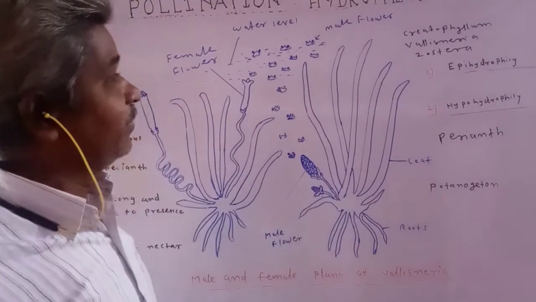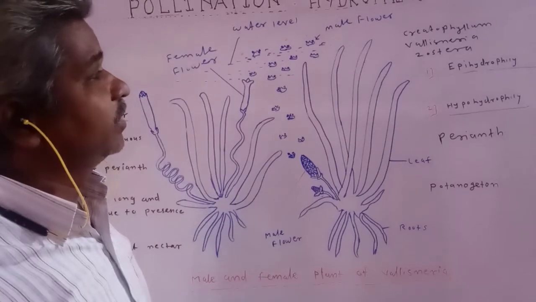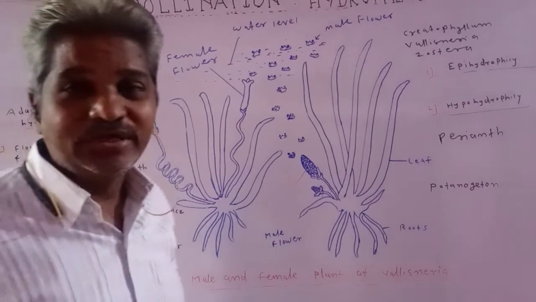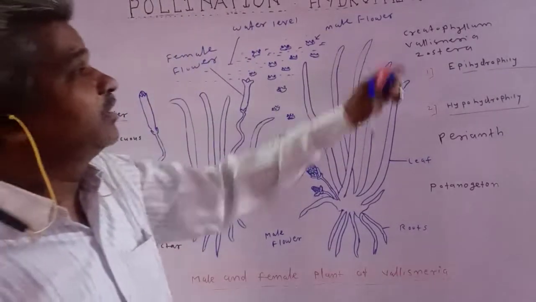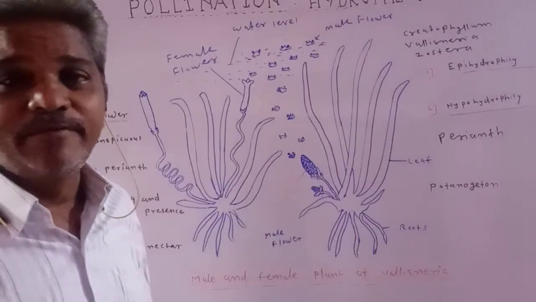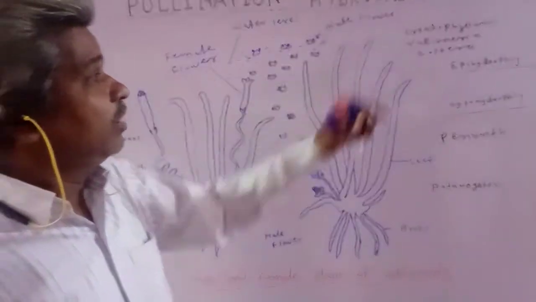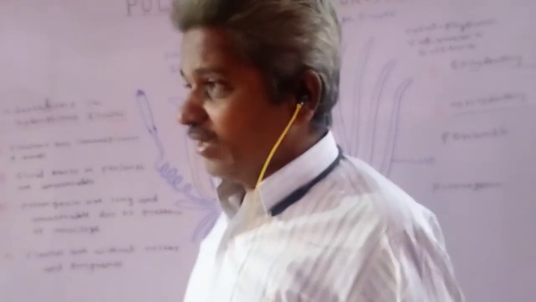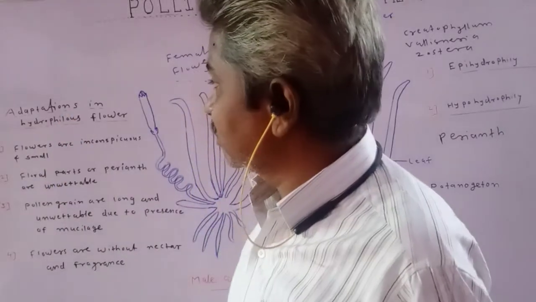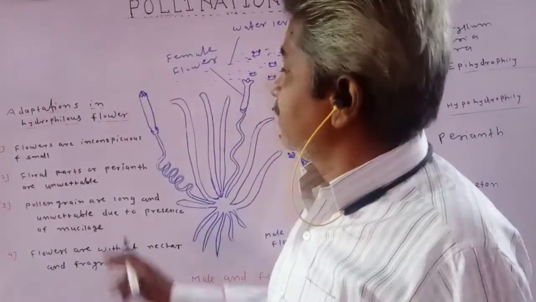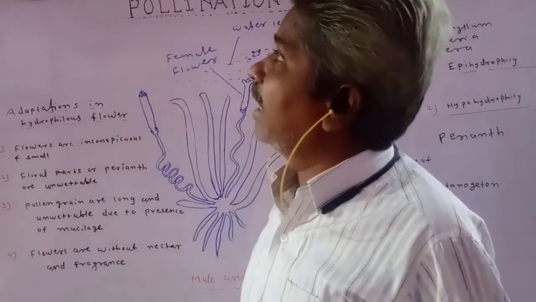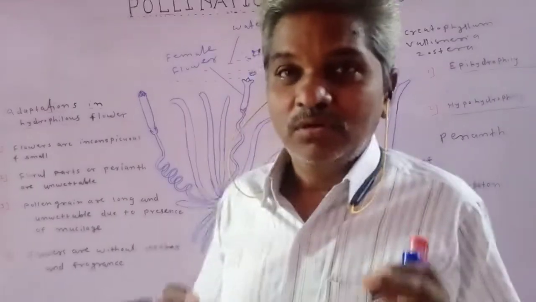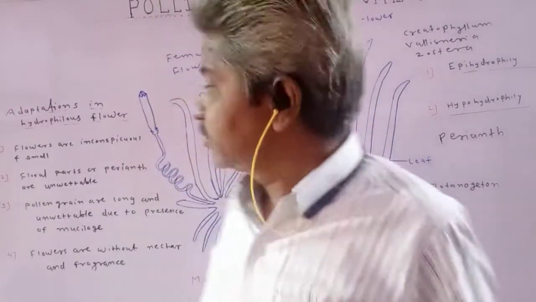The hydrophilous type of pollination occurs in plants like Ceratophyllum, Vallisneria, and Zostera. These are some examples in which hydrophilous pollination occurs. The hydrophilous flower shows some peculiar characters, and these peculiar characters are nothing but adaptations. The adaptations shown by hydrophilous flowers are, number one, flowers are inconspicuous and small.